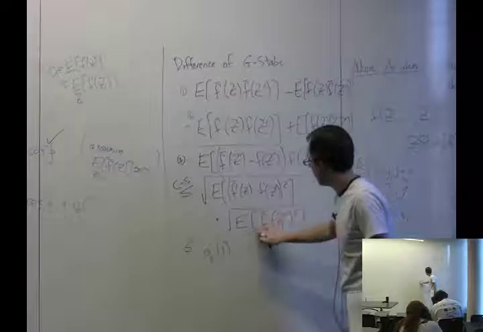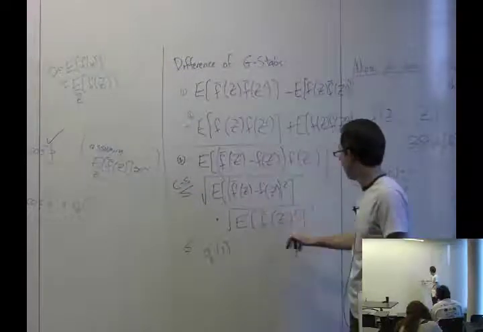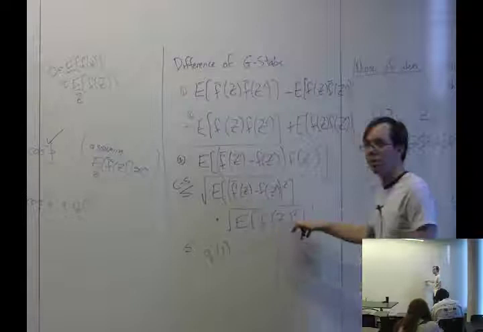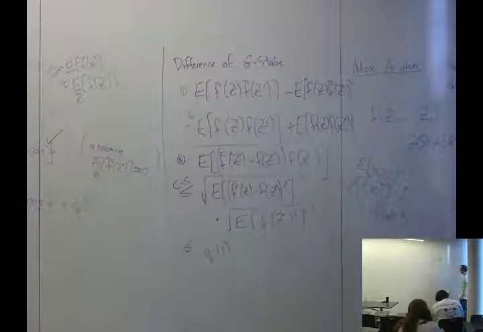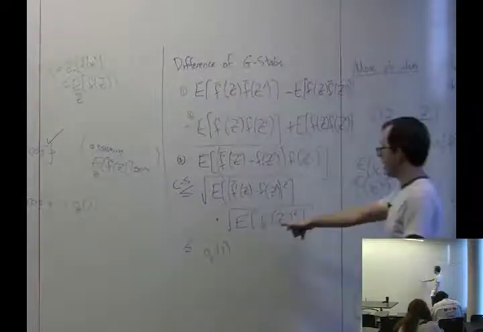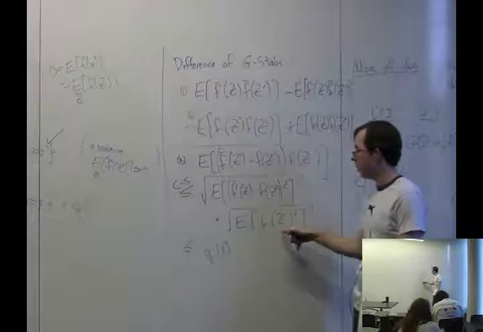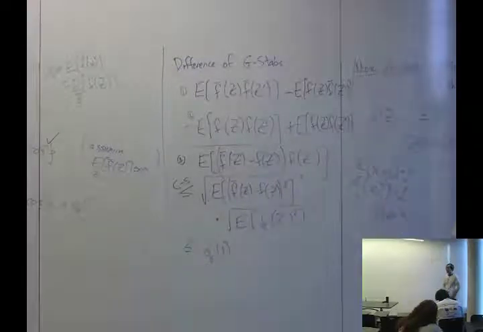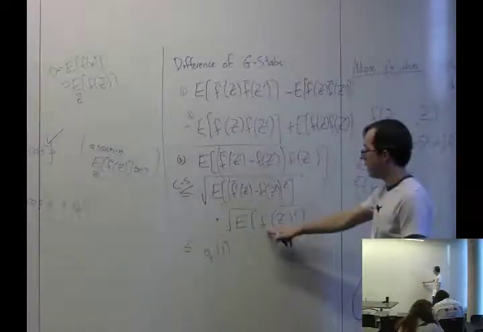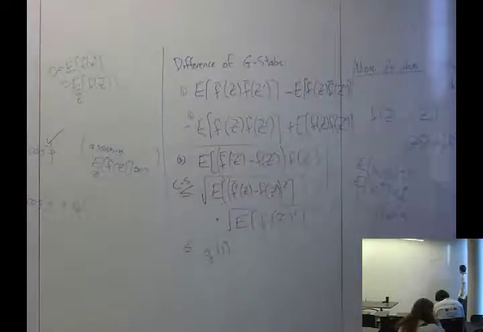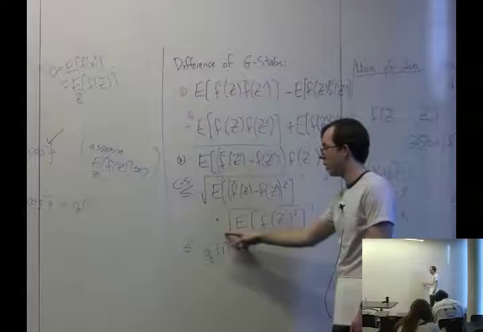So it'll be a similar thing, except that you'll have the expected value of f of z squared here, rather than f bar of z. So now we can actually say that f bar was bounded between -1 and 1. f is not bounded between -1 and 1. So it looks potentially a little bit harder. This could be bigger, but it's still okay. Can somebody tell me why? I claim that this term is still at most 1.